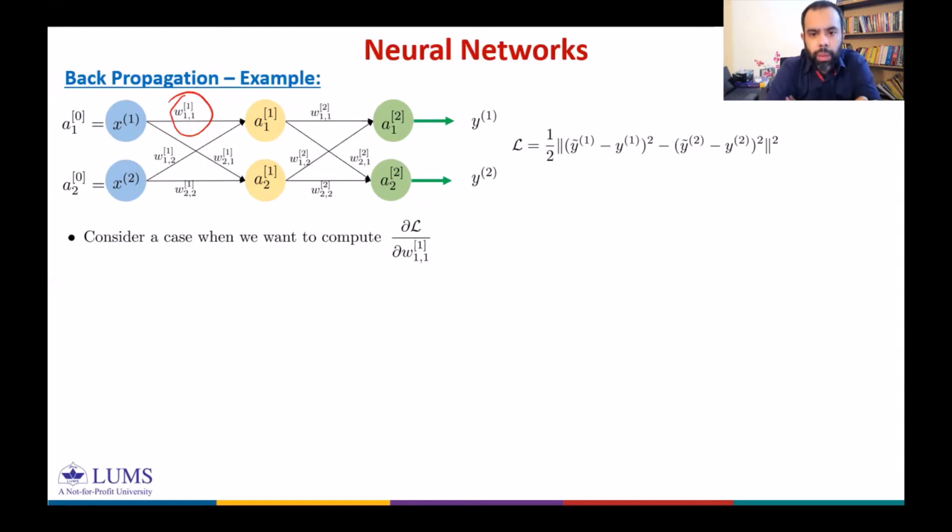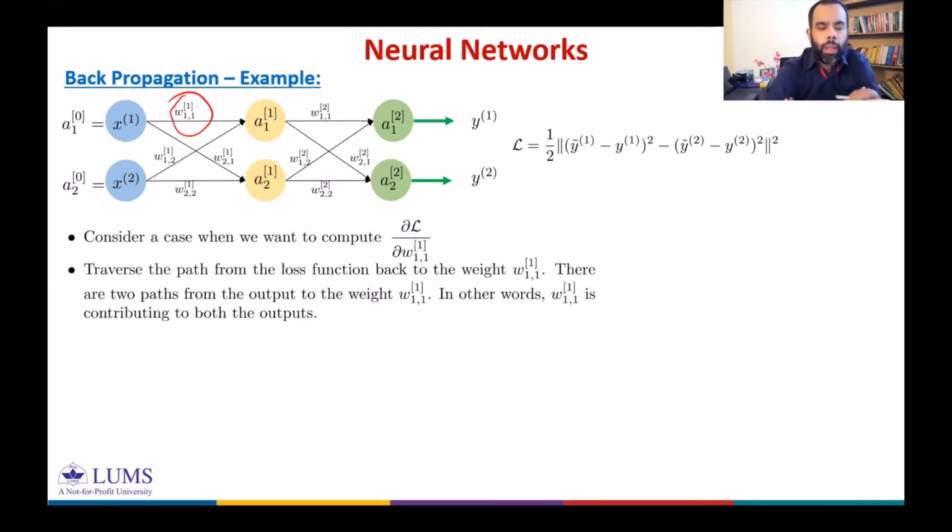We want to traverse the path from the loss function back to this weight. Where's the loss function? It's here. If you notice, there are two paths from the output to the weight 111.